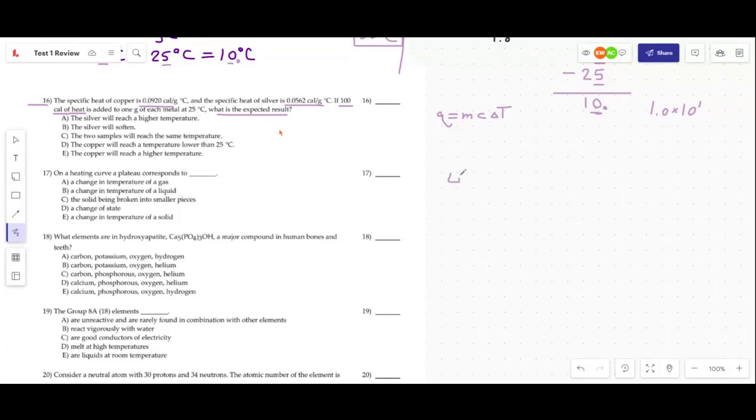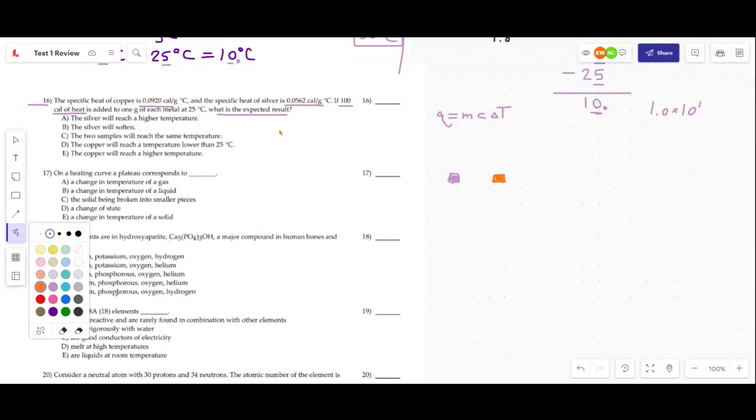So I have a piece of metal, a piece of silver, and I have a piece of copper. It's the same amount, 1 gram of each.